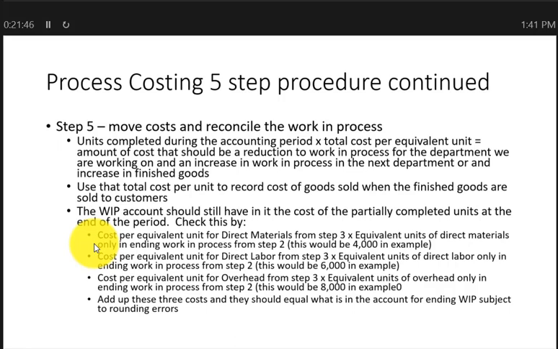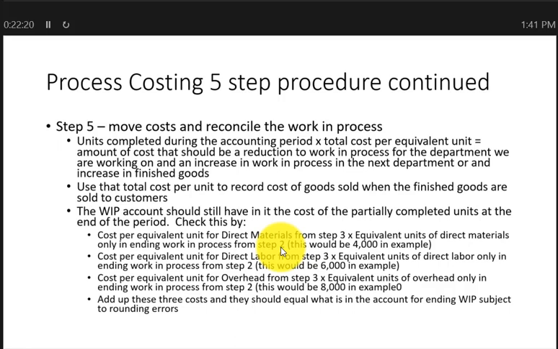You can check your work. Check to see that you've made the right debits and credits. You take the cost per equivalent unit for direct materials from step 3 times equivalent units of direct materials only in ending work in process from step 2. So remember our example, we had 40,000 units completed and 10,000 work in process, but only 40% complete.